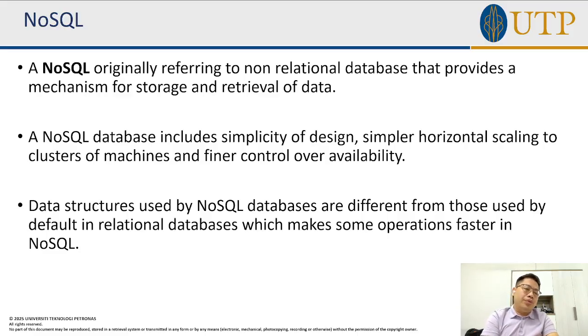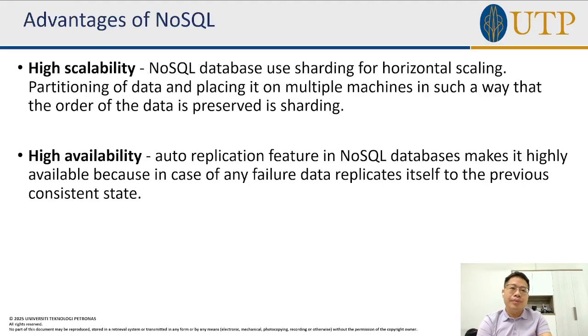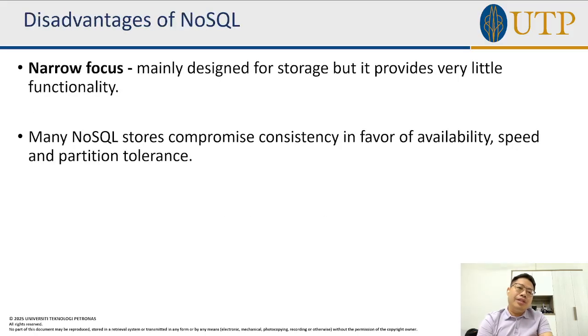Now, of course, NoSQL is not a perfect solution. It has limitations. What is the limitation of NoSQL? It does not provide you things like, for example, transaction handling. Sometimes we even have to manually manage the redundancy.